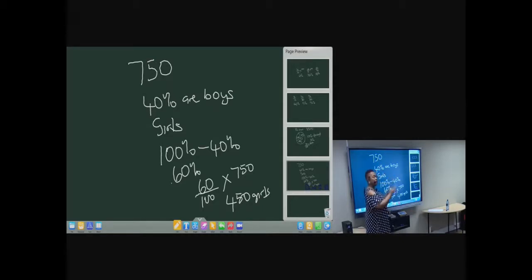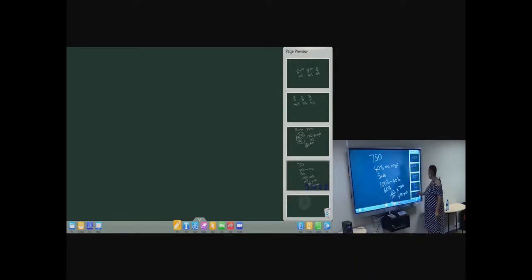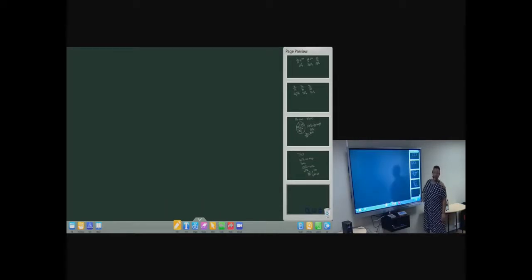If now this school has boys and girls, the total is 100%, and then you can be able from that to know how many.